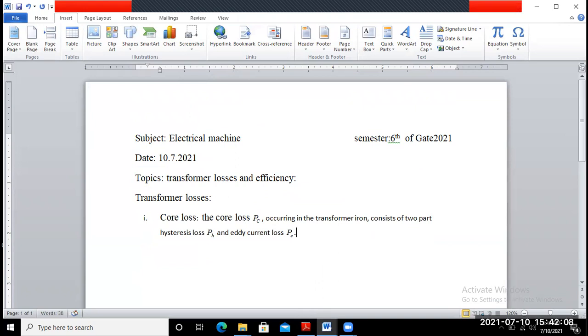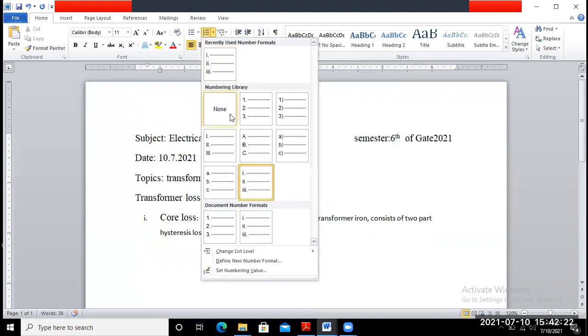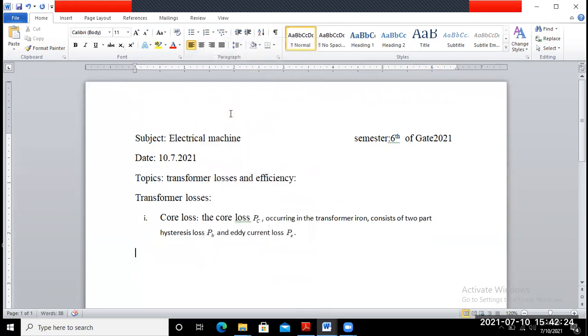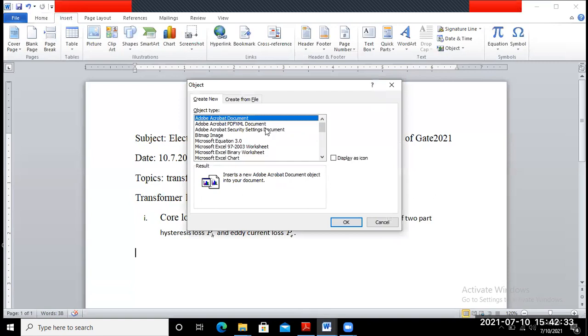So in a mathematical equation, we can write the core loss, that means P suffix C, equal to P hysteresis plus P eddy current loss. Okay. So P suffix C for the core loss is equal to the summation of hysteresis loss plus eddy current loss. Is it not?